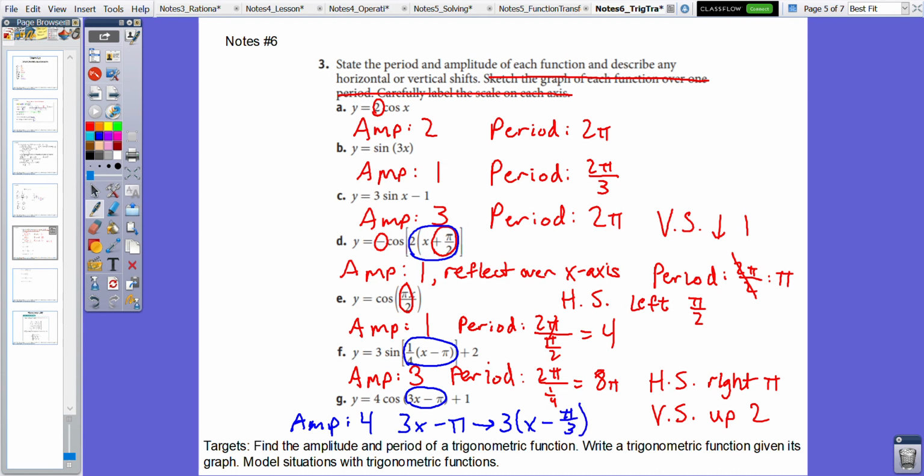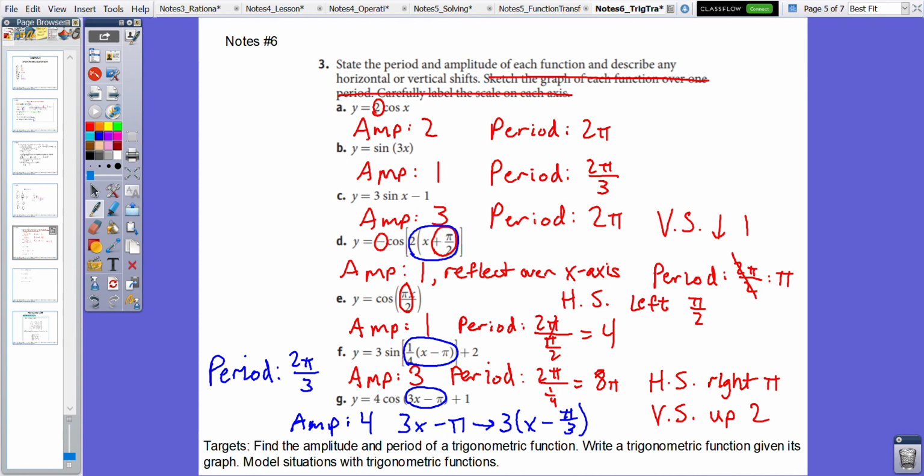That makes this a whole lot easier to look at because now my b value to find my period is this number 3, or 2 pi divided by that number 3. So my period for part G is going to be 2 pi over 3.